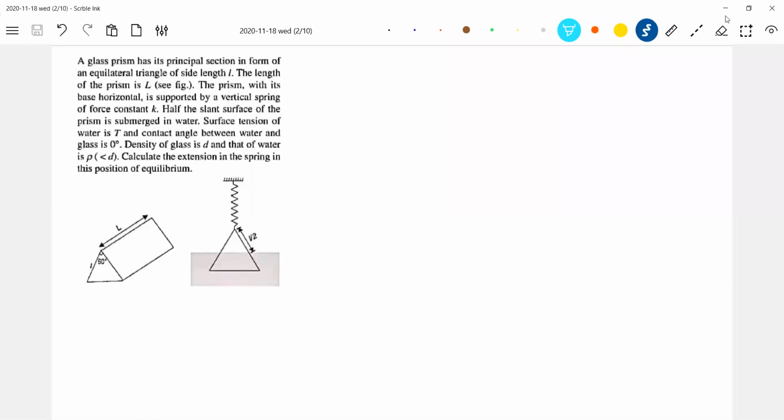Some sort of prism is mentioned, a glass prism. First, we will calculate the volume of the prism.